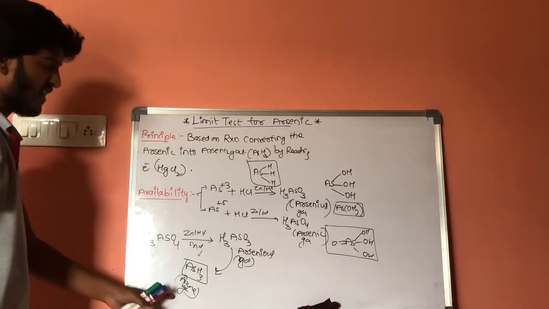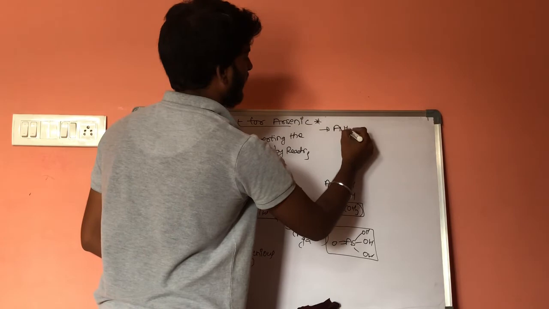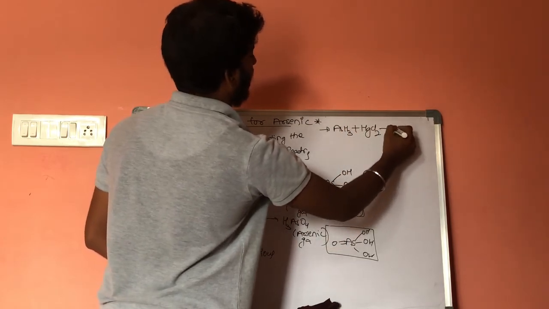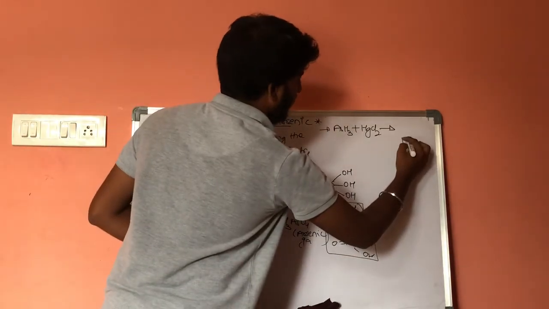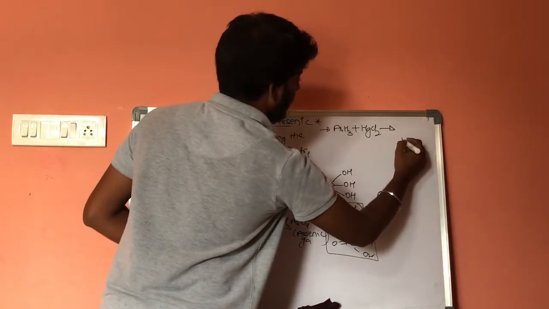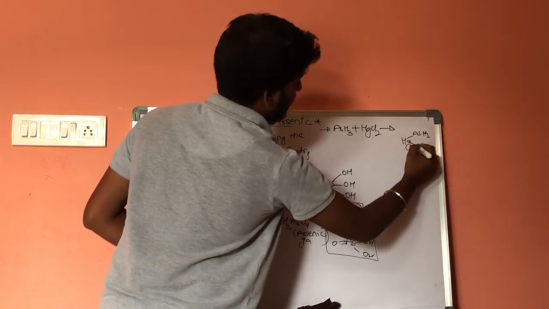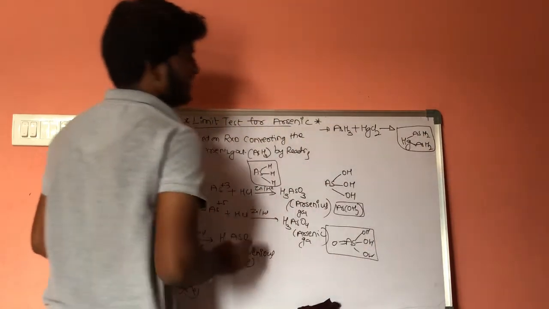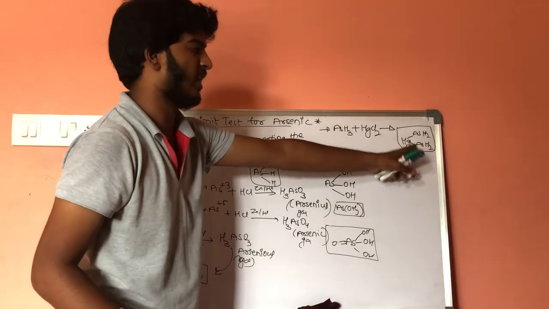Now this arsine gas which is formed will react with mercuric chloride to form a special structure, that is Hg(AsH2)2. This is a special structure which is formed: Hg, mercuric, with AsH2 and AsH2.